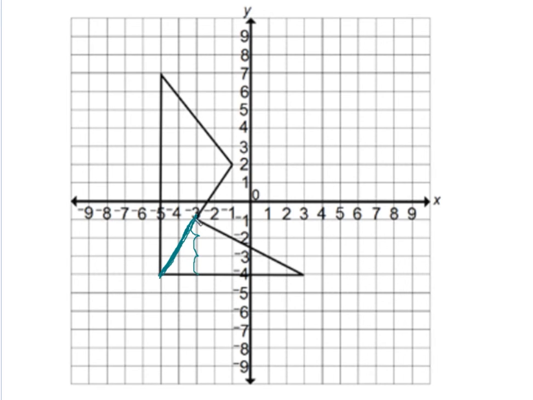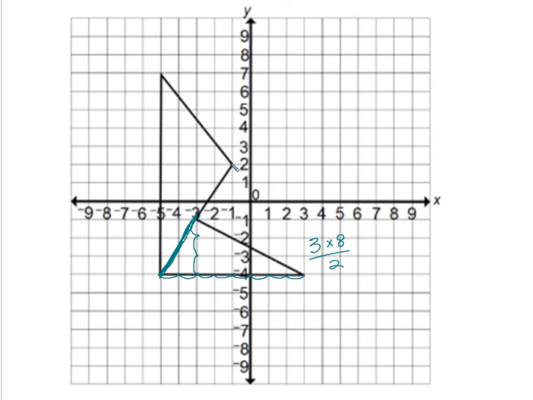It is 3 units high. And from here to here, 1, 2, 3, 4, 5, 6, 7, 8. 3 times 8, and I need to divide it by 2 because it's a triangle.